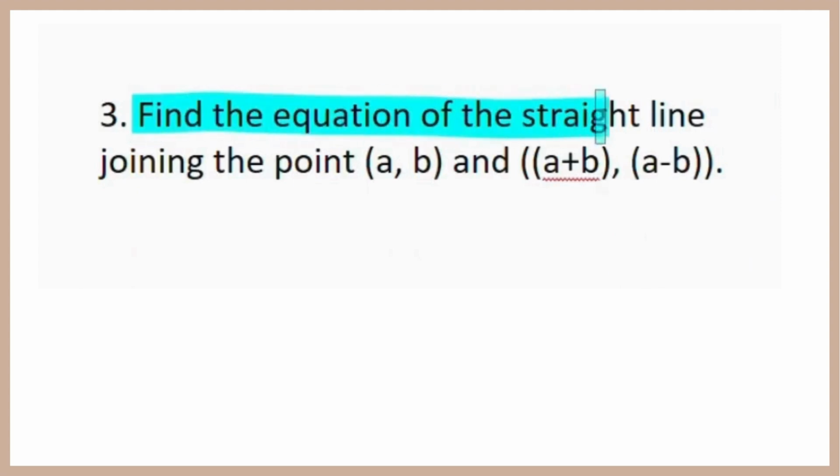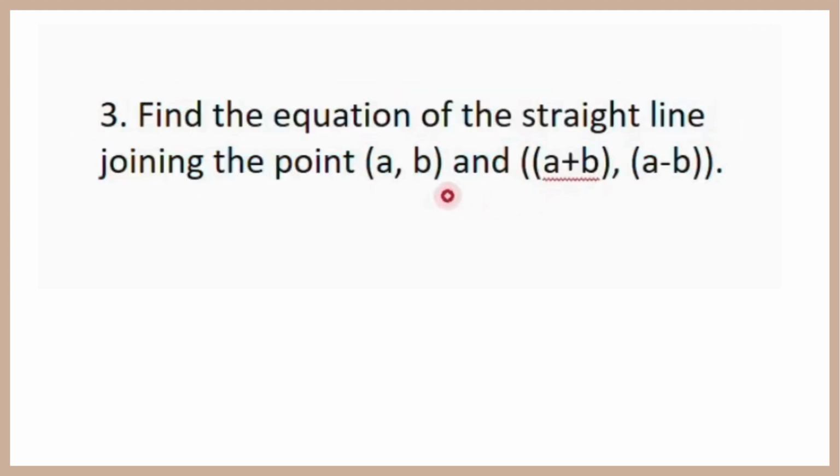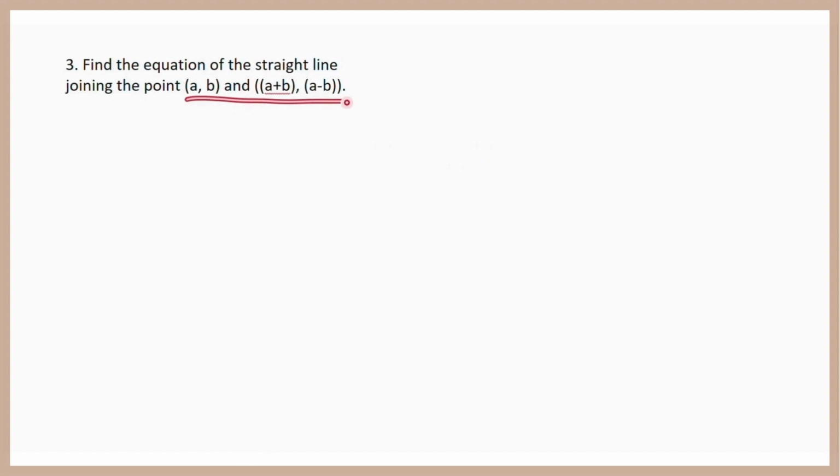In the third question, it says find the equation of the straight line joining the points (a, b) and the other is (a plus b, a minus b). So the first thing that we can do here is to find the slope of this line using y2 minus y1 over x2 minus x1, and then apply the point slope form to obtain the equation.